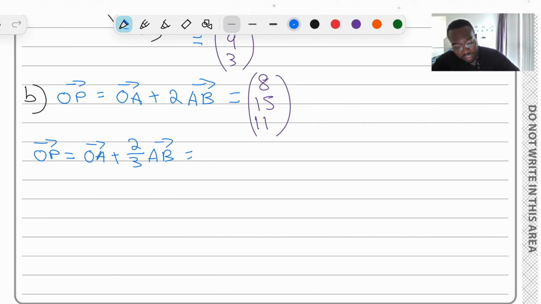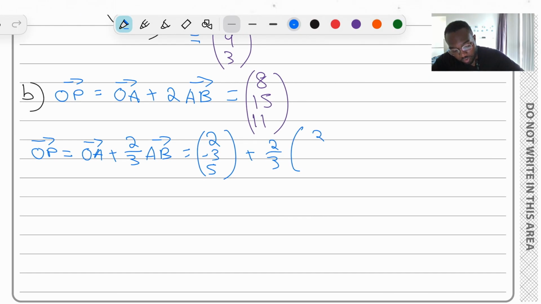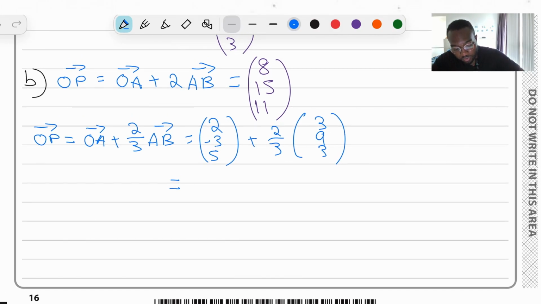And if we work this out, we get OA, we know, is (2, -3, 5), plus 2 over 3 of AB, and we know AB is (3, 9, 3). Let me do it over here first.